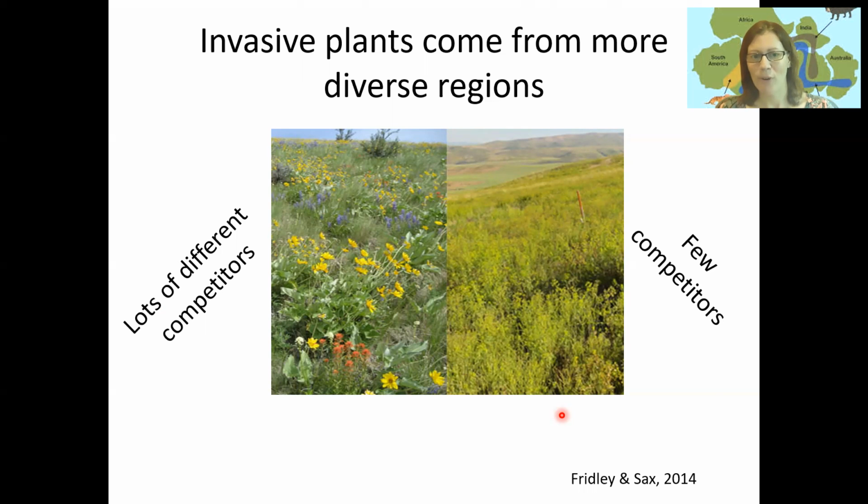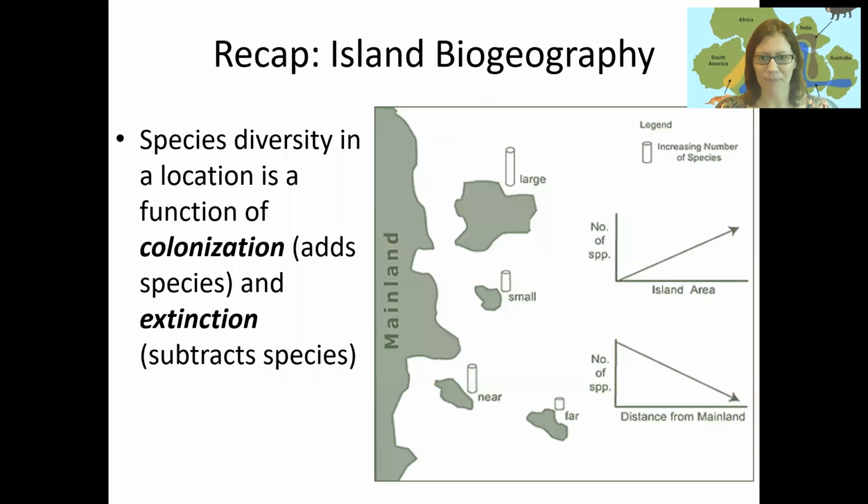So you don't become your peak competitor, and maybe you're less likely to be a problem elsewhere, to be invasive elsewhere. And so that reminds us of, well, why is it in the world that we have some places that look really diverse and have lots of different competition, and other areas where we have less diversity?